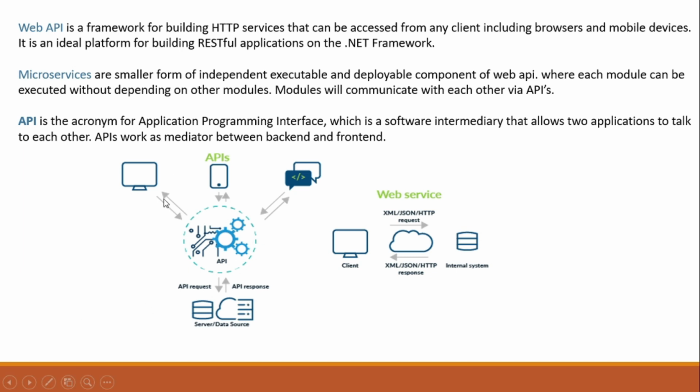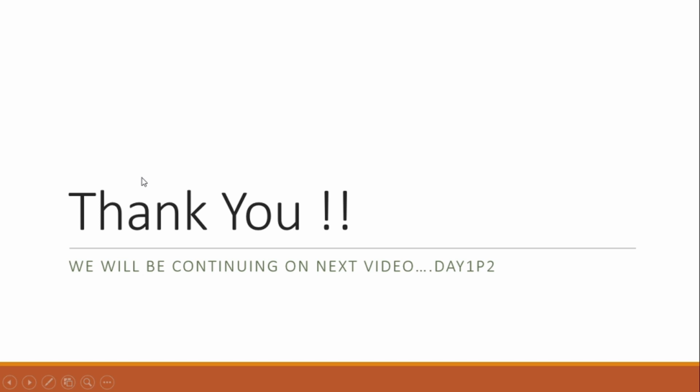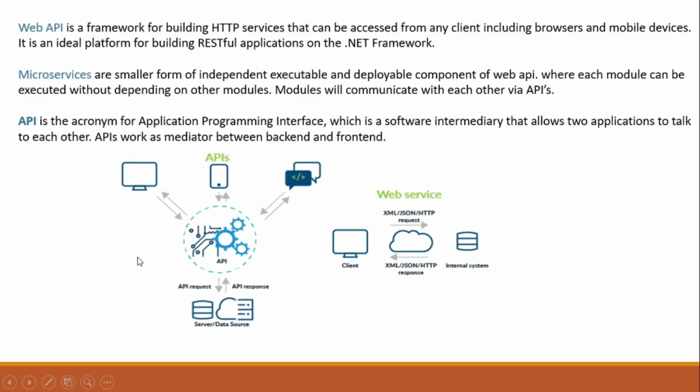For example, we have a computer, a mobile, tablets, or other tools like Postman and Swagger, from which we can hit the APIs. We send the request through the APIs, and the API communicates with the backend side and databases, analyzes the response, and sends that response to the respective clients. This is the main functioning of APIs.